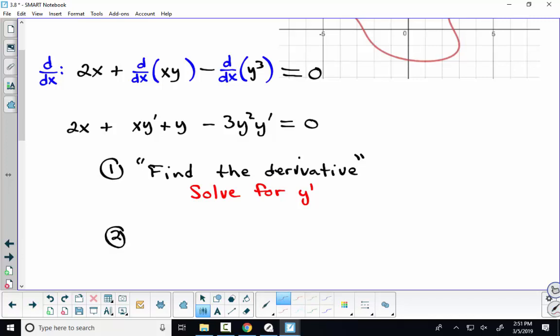The other thing that it could say is find the equation of the tangent line at a given point. So we'll just condense that to the derivative at a point.